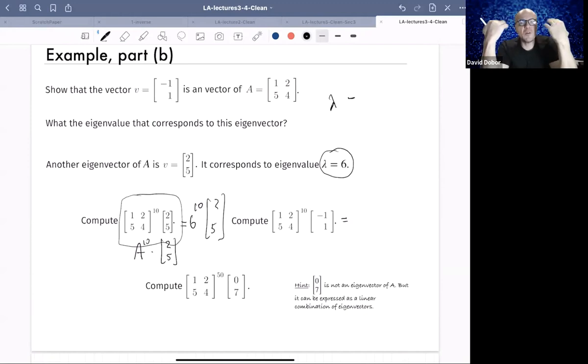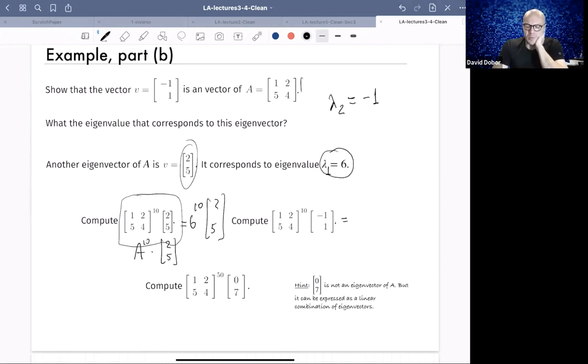This will generally hold true: for an n by n matrix, you get n distinct eigenvalues. 6 and -1 were the two eigenvalues, lambda 1 and lambda 2. For these, we have two eigenvectors pointing in different directions: 2, 5 and -1, 1.